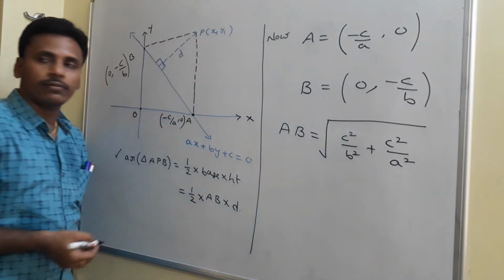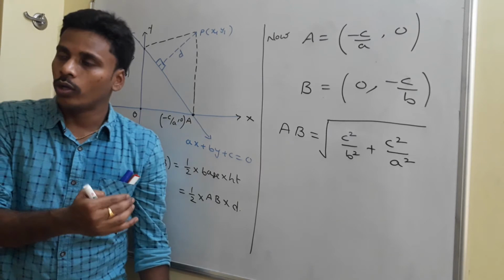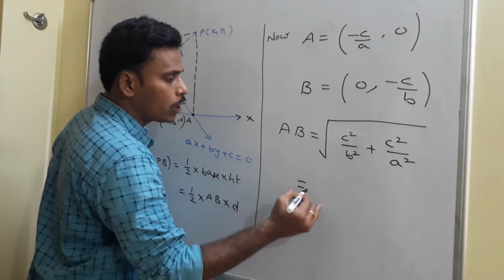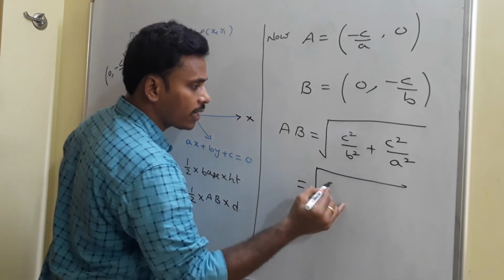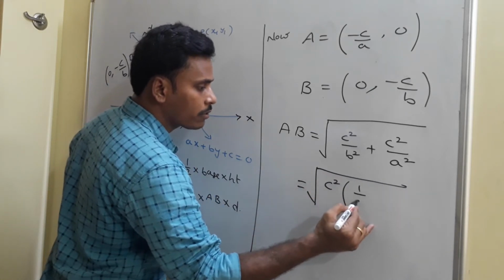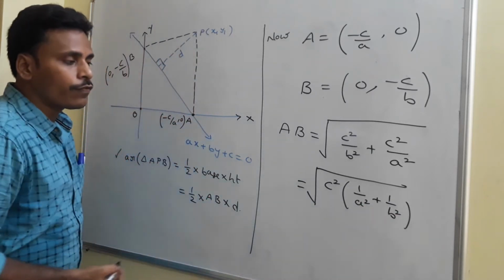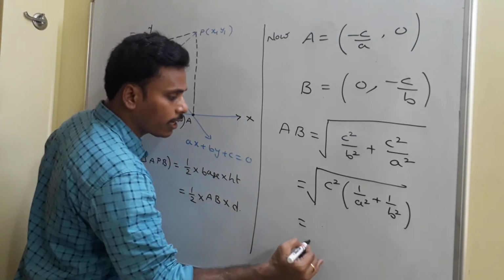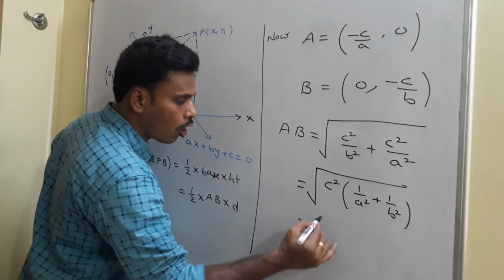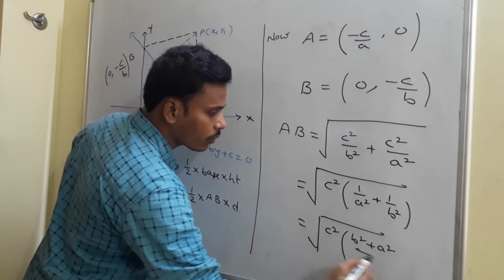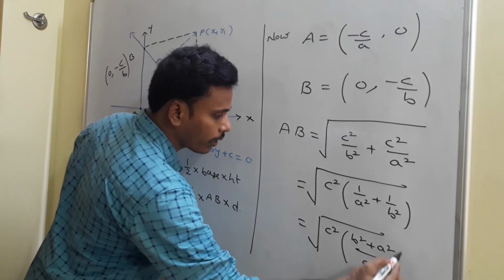Is there anything wrong? So it is c square by a square plus c square by b square. You just try to simplify it. c square is a common thing, c square times 1 by a square plus 1 by b square. Now if you take the LCM, it becomes root of c square times b square plus a square by a square b square.